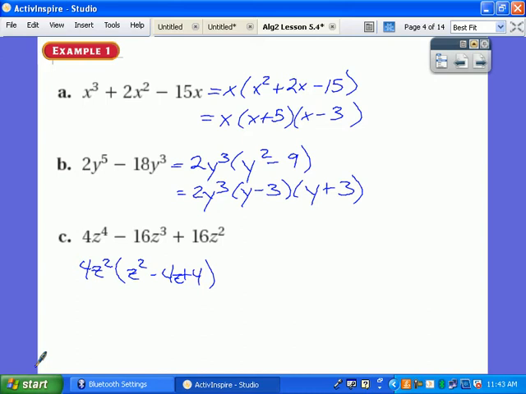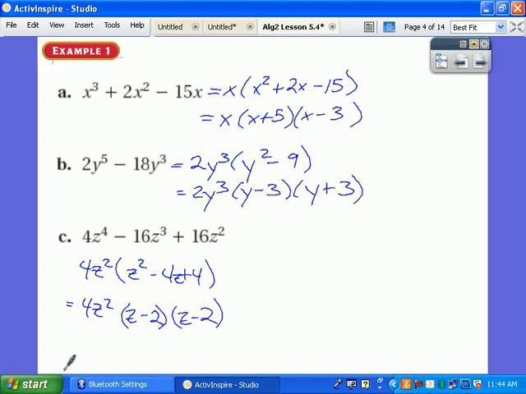And now we look to see if that factors more. So maybe we go z and z. How about minus and minus, and 2 and 2? All right, that's my guess.